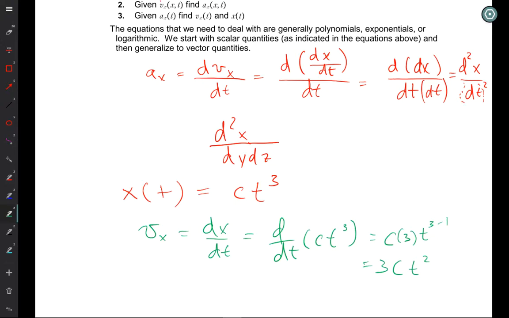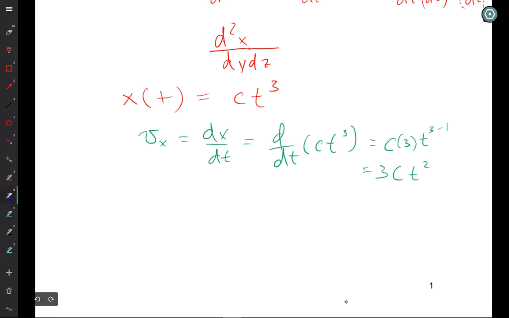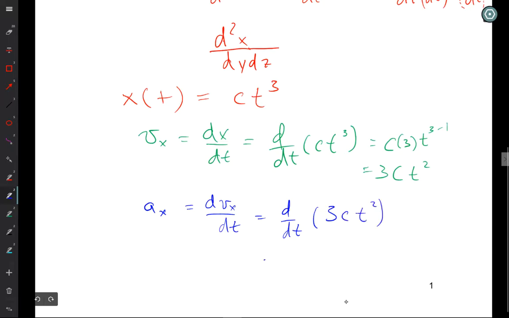And now if I want to find the acceleration in the x direction, I have, what's my constant in this function?